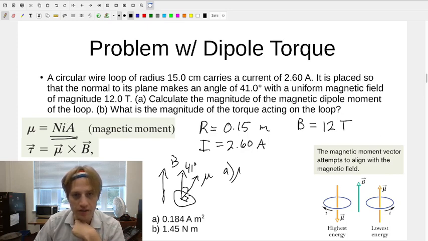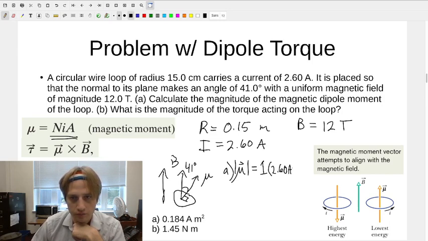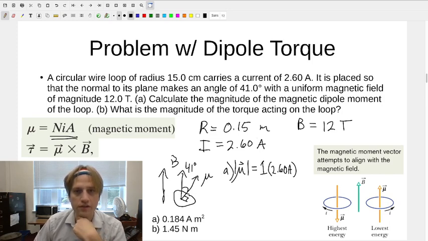So in this case, the magnitude of mu is going to be n, and it just tells us that it's one loop, so n would be 1, times I, so that would be 2.60 amps, times the surface area of that loop.